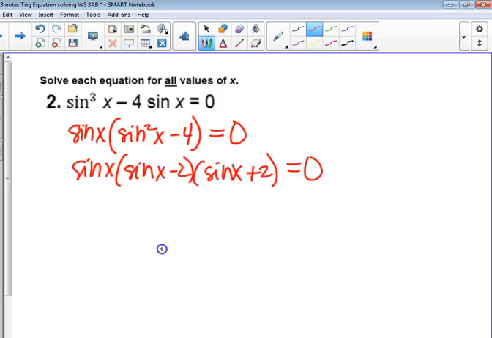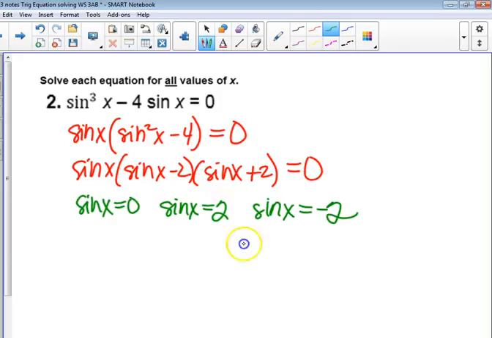Okay, time for my favorite game. Sine of x could be 0. Sine of x minus 2 could be 0, which would mean the sine of x was 2. Sine of x plus 2 equals 0, which would mean the sine of x is negative 2. Now my really favorite part of this question is we have garbage, garbage, and garbage, right?